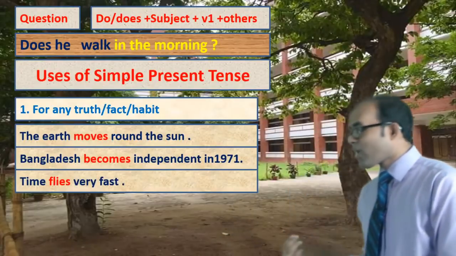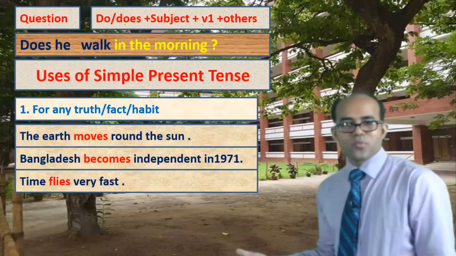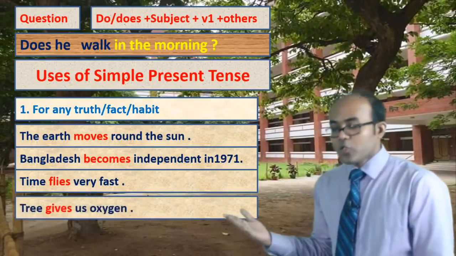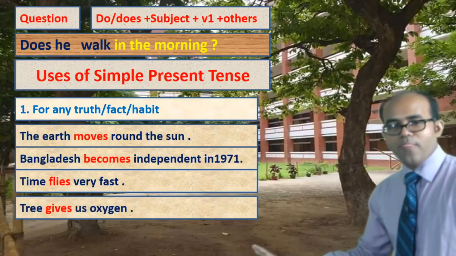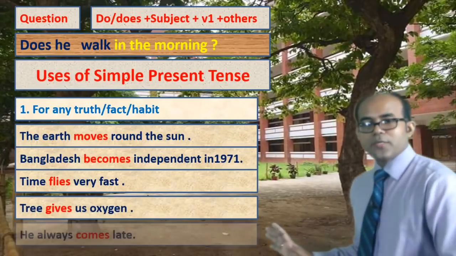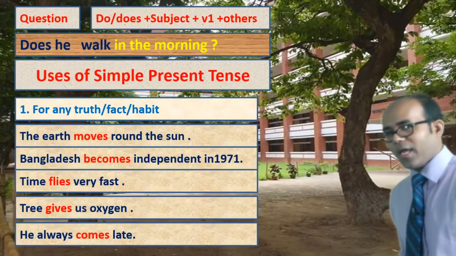Like time flies very fast is very true. True action, you see. Tree gives us oxygen. That's a fact. That's true. You see, he always comes late. His habitual fact.